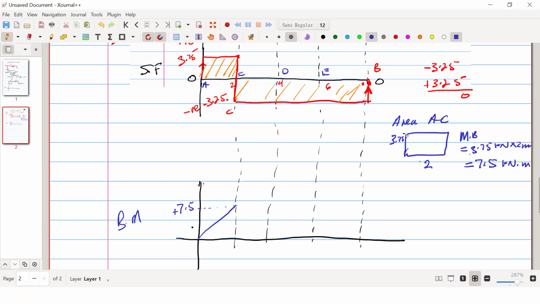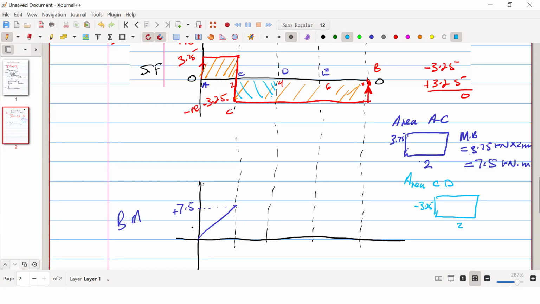What happens for the next section here? This section here, what happened to this section? That section is the same thing, because area CD is going to be equal to minus 3.25.